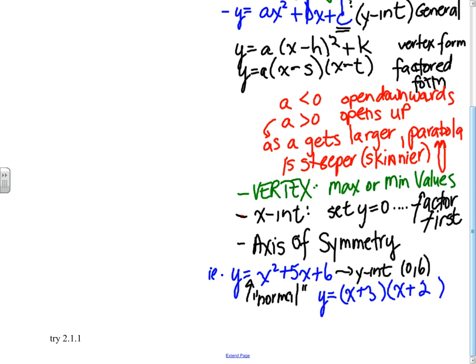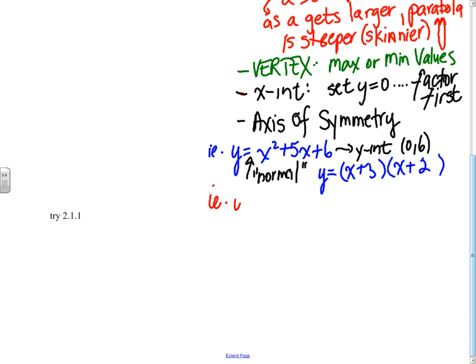Another one, for example, y equals -3x squared plus 2x minus 7.